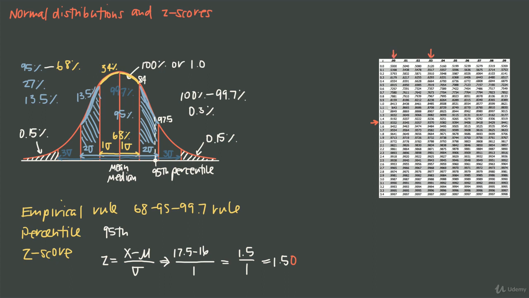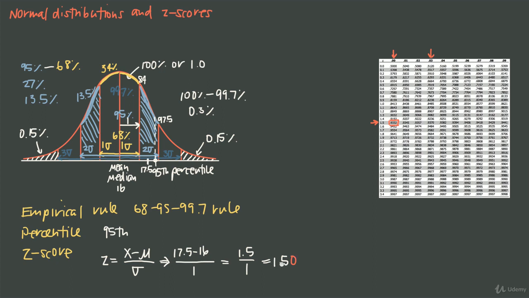So when we find the intersection of those two, we can see that it's this value right here, 0.9332. So what that tells us is that on a normal distribution, if our mean is 16 and 1 standard deviation is 1, so this distance right here is 1 standard deviation, and then we're up here at 17.5, then the z-score of 1.5 tells us we are 1.5 standard deviations above the mean.